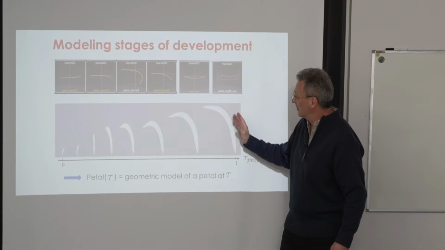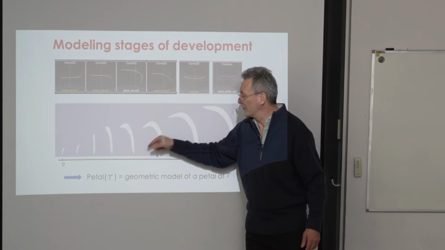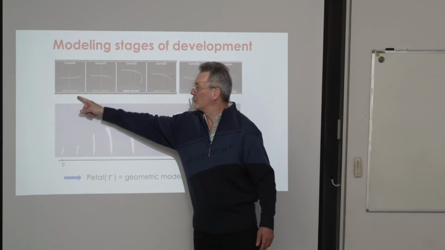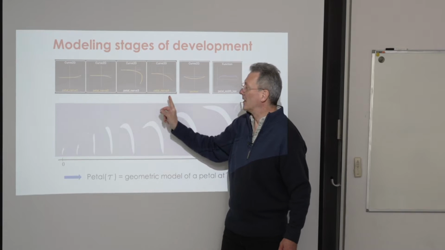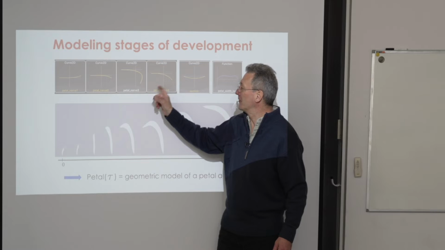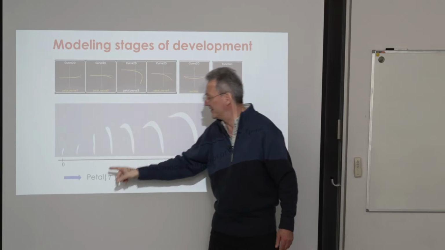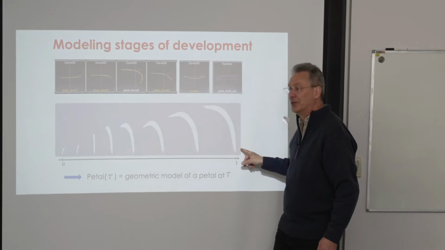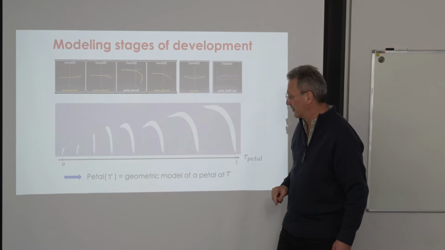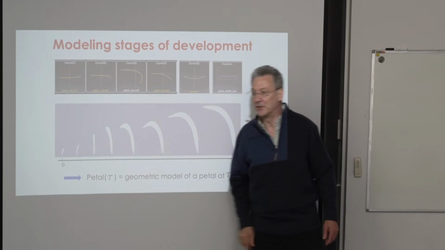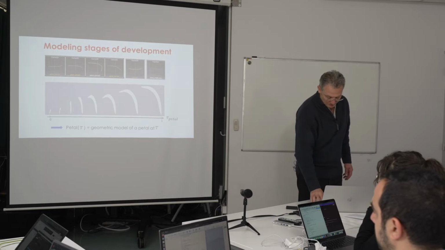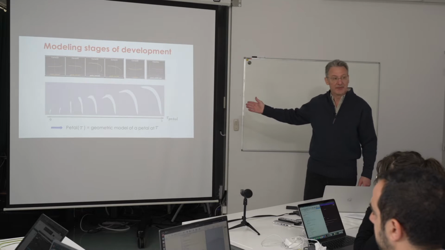Okay, so to make different shapes, I remind you that we introduced different nerves of the petal, and these nerves are given different shapes, and then there is a possibility to interpolate in time between these different nerves, and this gives the possibility to have a petal at any moment in time.